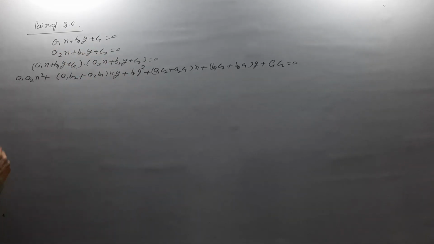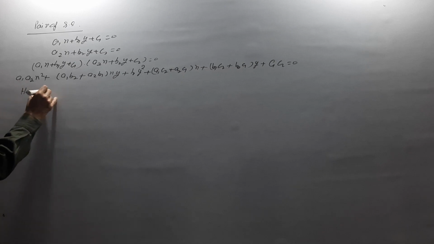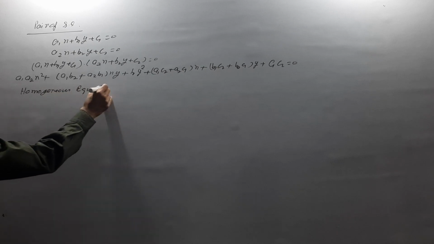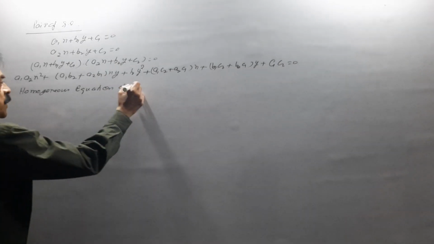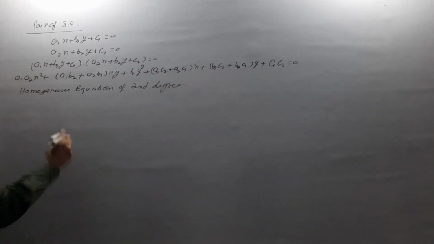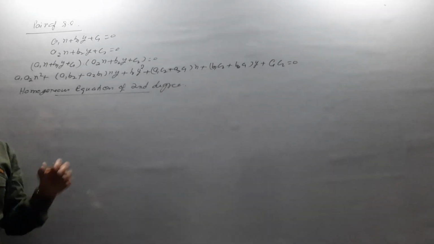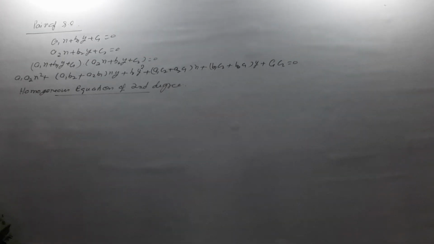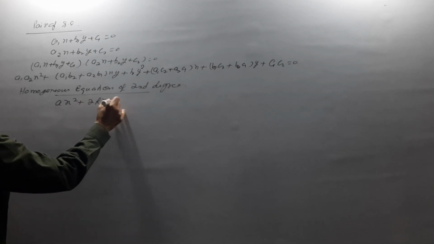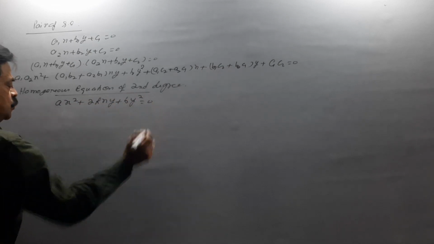And now, the homogeneous equation of second degree. Homogeneous means if all terms are of the same degree in an equation, then the equation is called homogeneous, like ax square plus 2hxy plus by square is equal to 0.